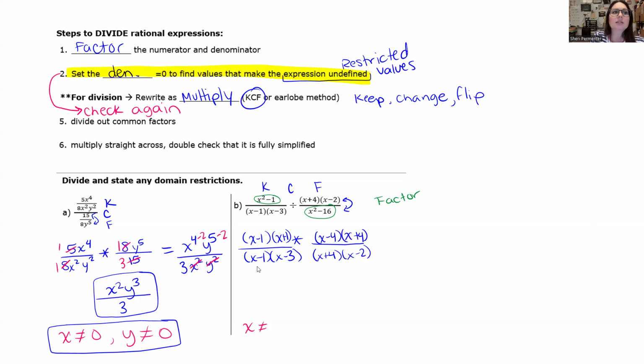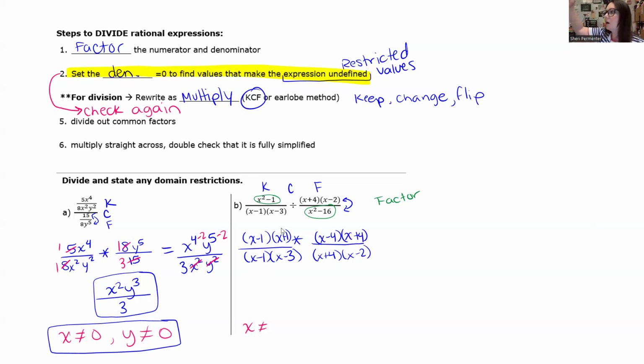I'm going straight across. So x cannot be equal to positive 1, positive 3, negative 4, positive 2. I already have negative 4, so I don't have to rewrite it, and positive 4.